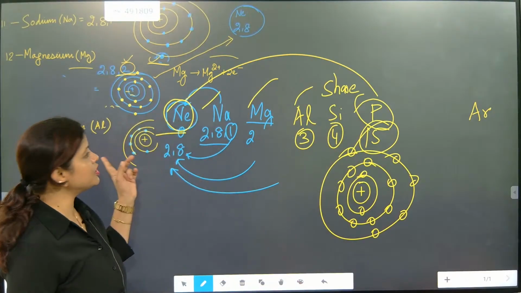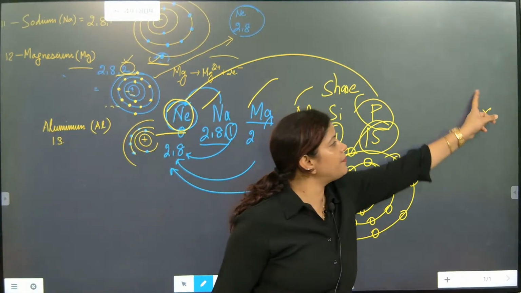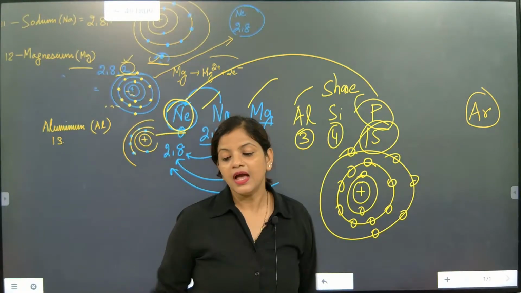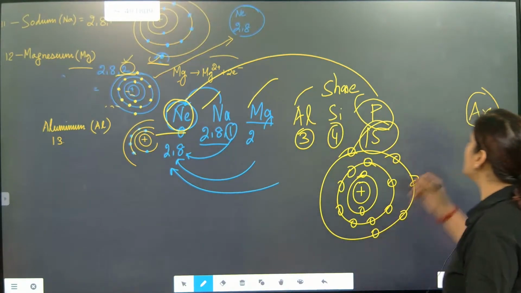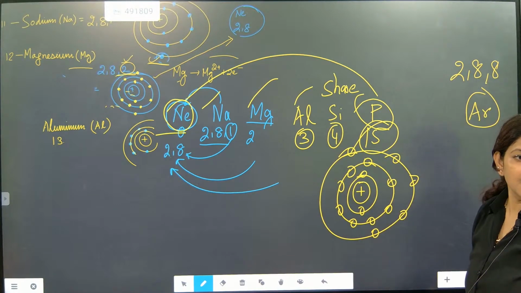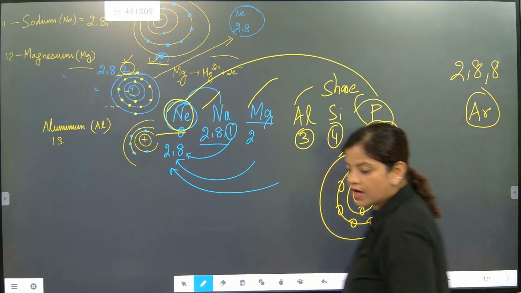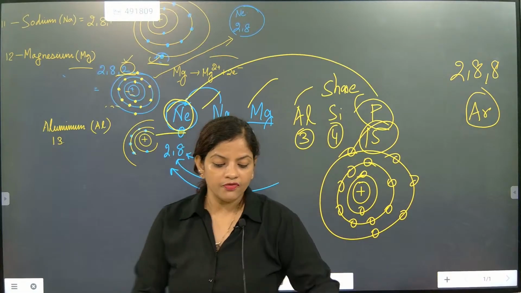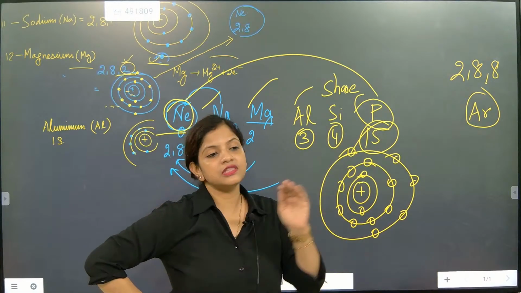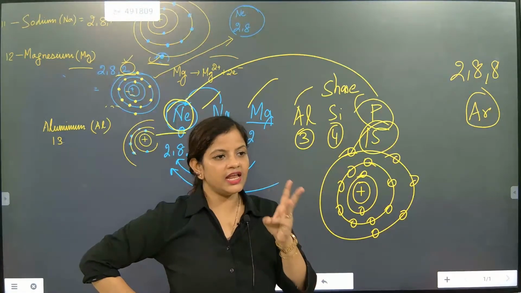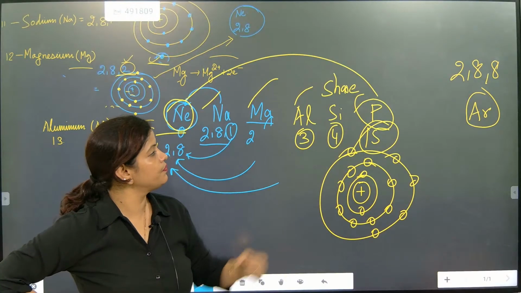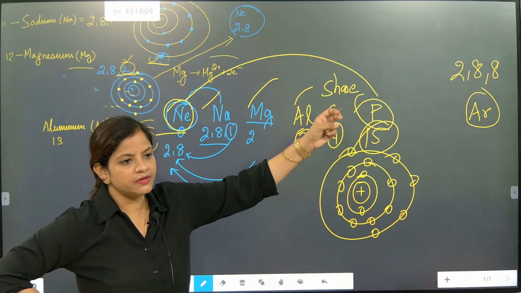So who is the other stable element near phosphorus? Argon, which is 2, 8, 8. Phosphorus is very near to argon. It needs 3 electrons, and once it takes these 3 electrons, it will become like argon.